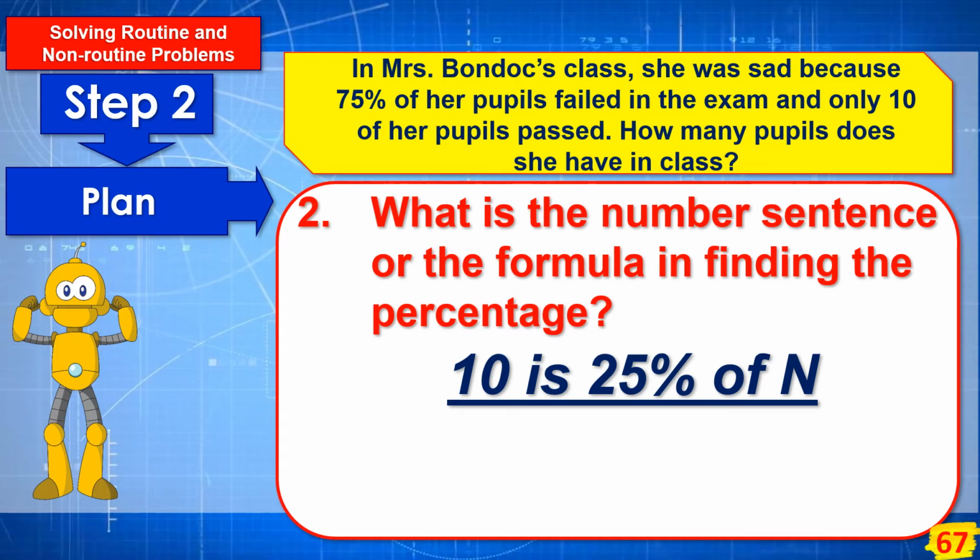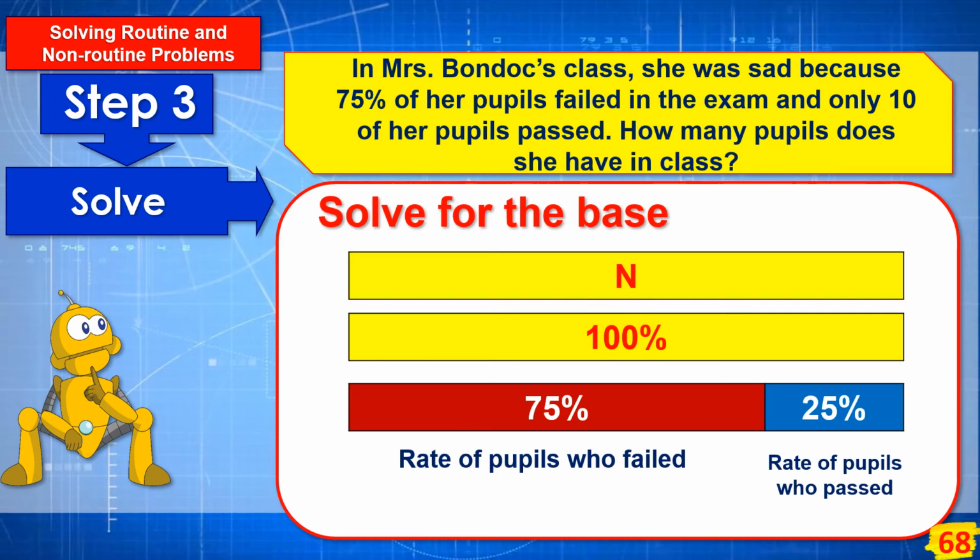Step number 3, solve. To find the answer, let us use yellow bar to represent our base, which is 100%. The red bar represents the rate of pupils who failed, and the blue represents the rate of pupils who passed.